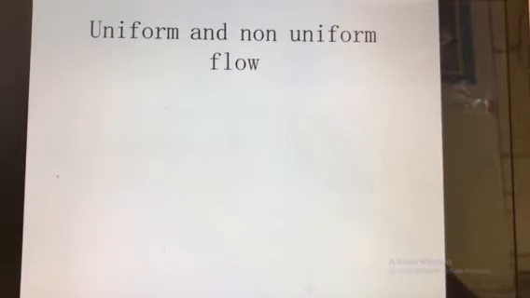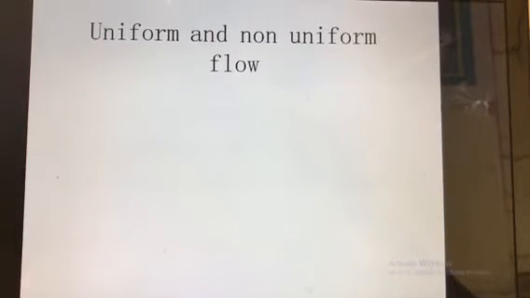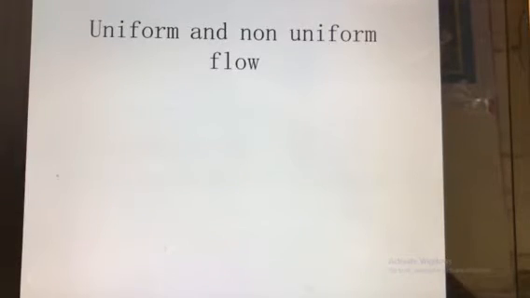Now for uniform flow, there is one condition: the parameter like velocity at a given time does not change with respect to space. That is, the velocity will not change along the length in the direction of flow.